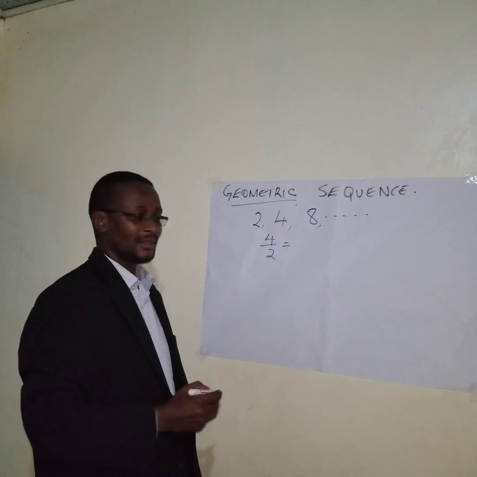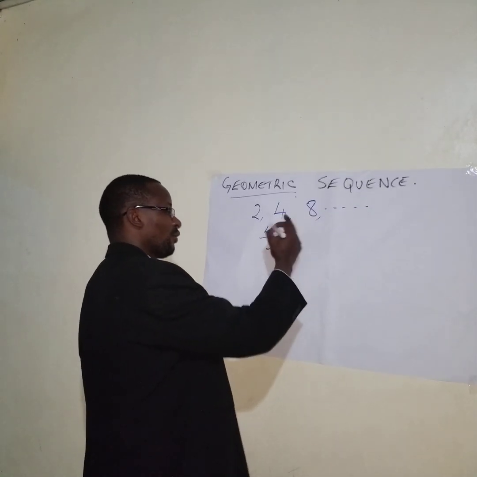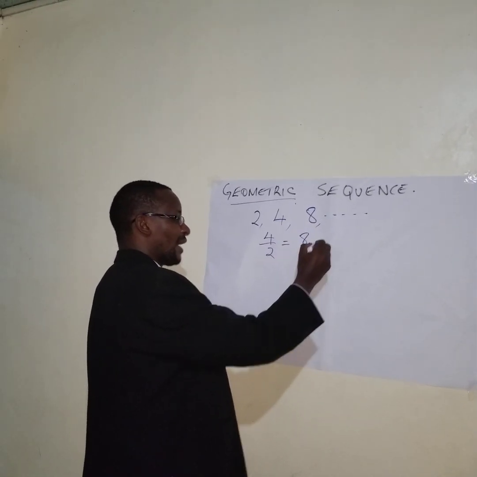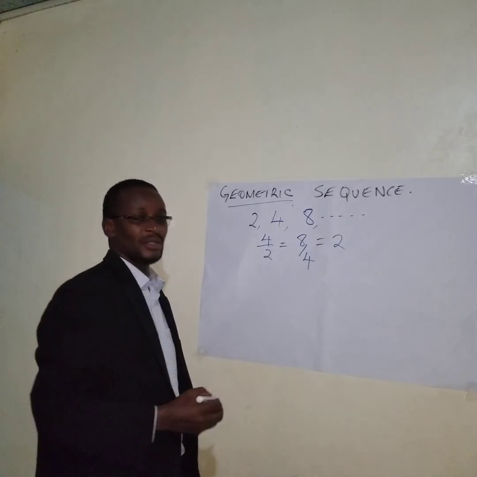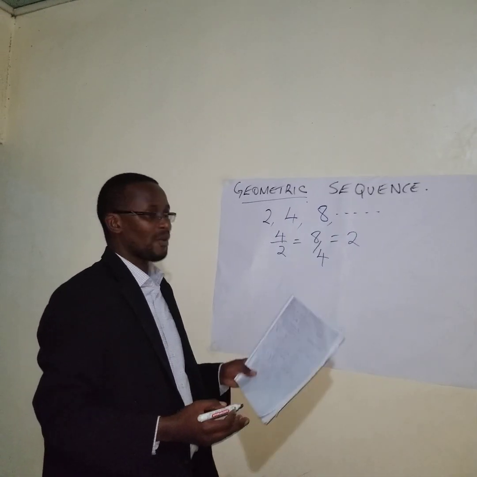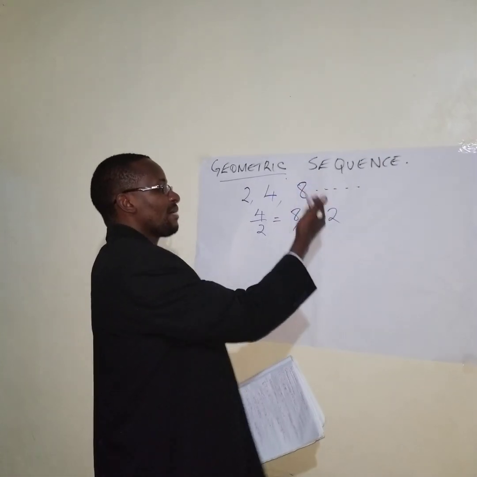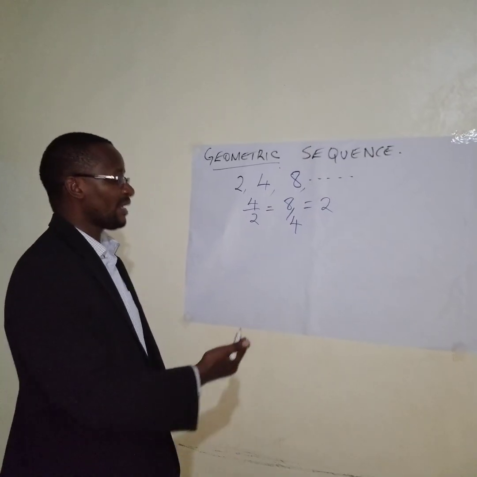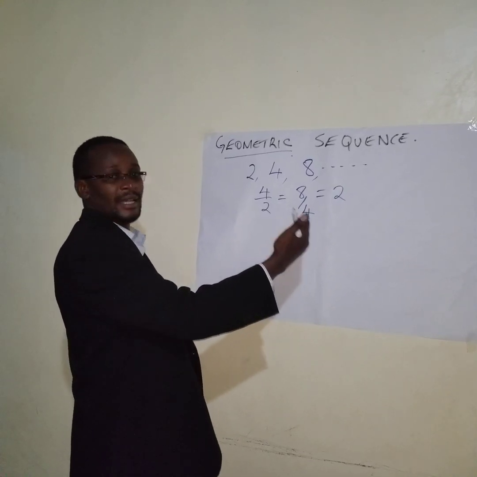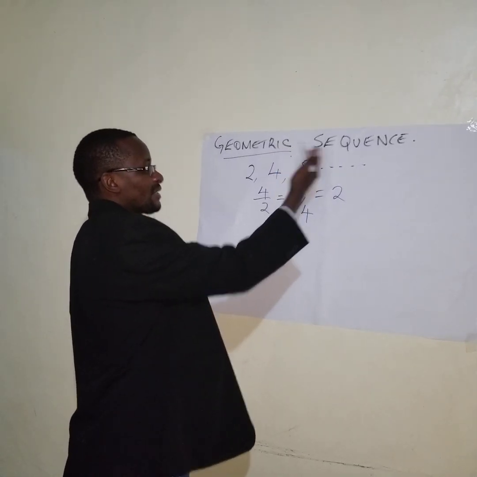That one will also be equal to 8 over 4, and you can see it is 2. So this one is a geometric sequence because the ratio is constant. You can know the next term will be 8 times 2, which is 16. So if the ratio is constant, then that is known as a geometric sequence.